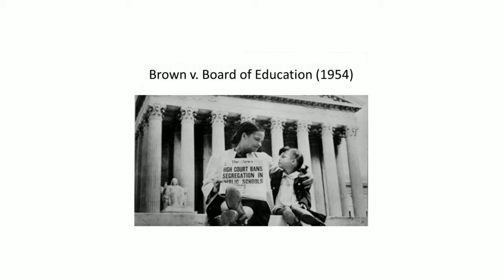In Brown versus Board of Education, the Court basically noted that segregation in public schools was illegal and forced that to end. That is not to say, though, that the issue of segregation quickly ended. It still took a number of years before attitudes and other legislation changed to stop segregation.